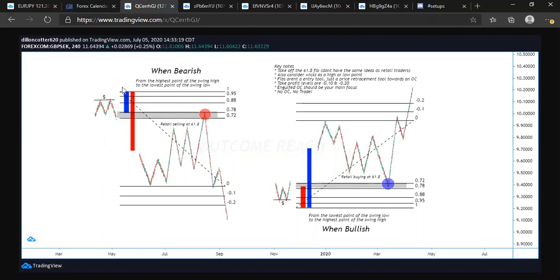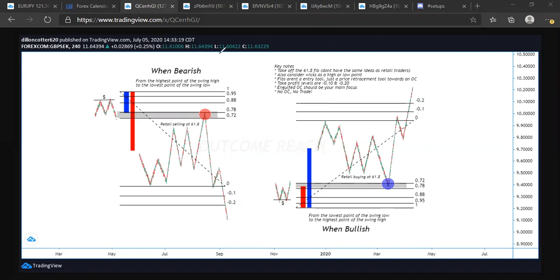What I use the Fibonacci for is just a range in an area, so I can either sell at a premium or buy at a discount.